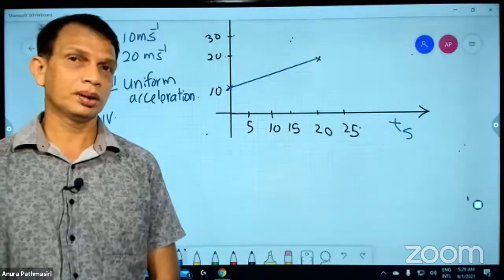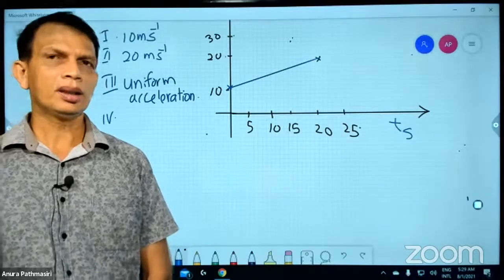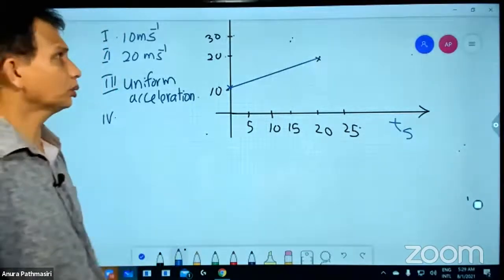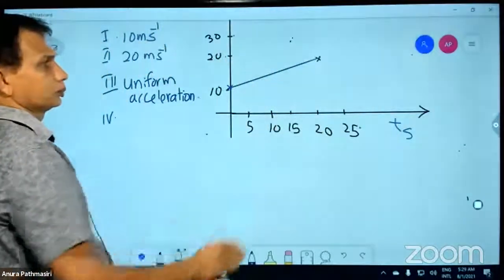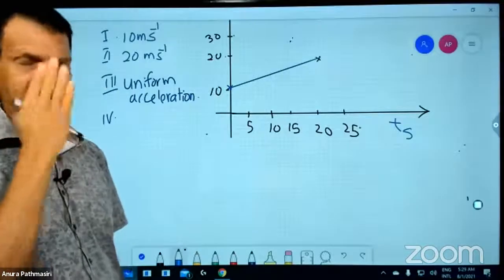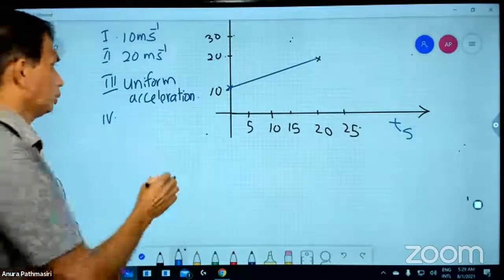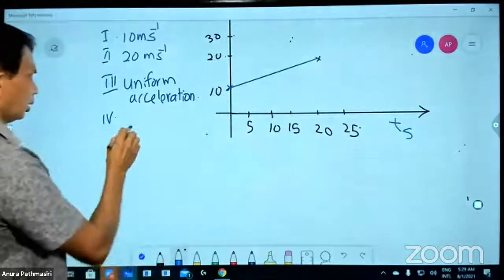You are asked to find it using a graph, so you have to refer to the y-axis value and the x-axis value. You can't use change in velocity over change in time.